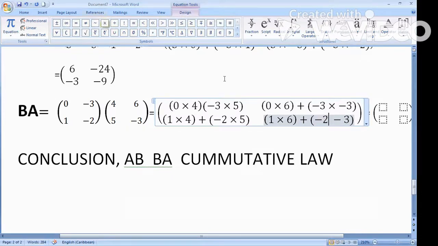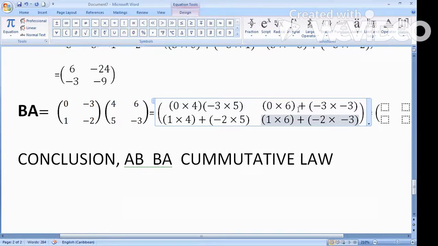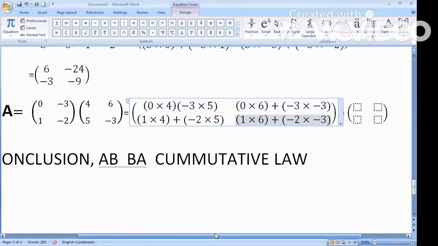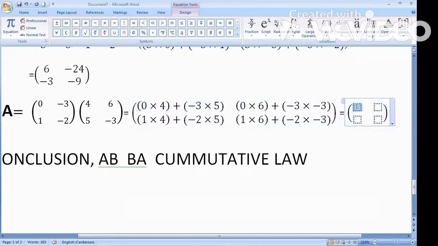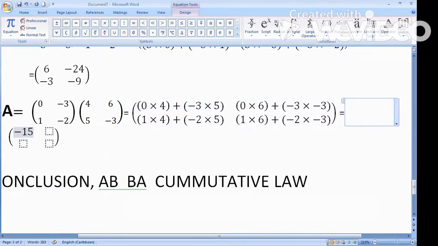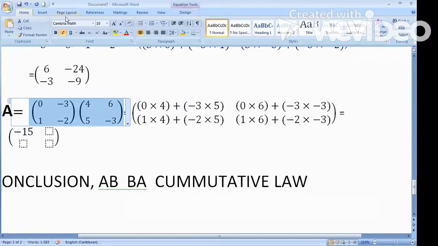Right. At the top there, when you're calculating now, we know that there will be 0 plus -15. So the answer would be -15. Then that would be 0 plus 9. Hold on. Give me a minute.